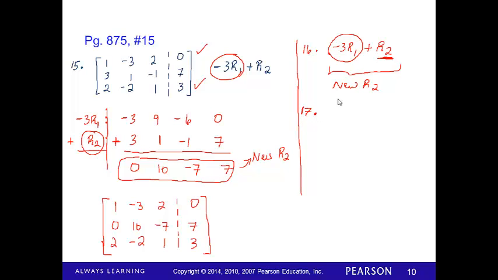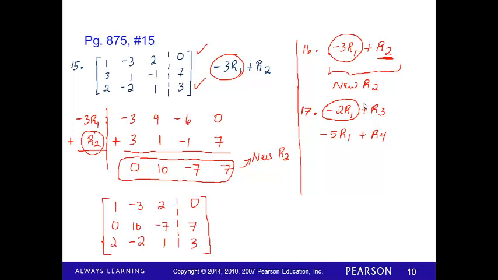What does number 17 say? Well, it has two parts to it, right? It says negative 2 times row 1 plus row 3. And then it says negative 5 times row 1 plus row 4. Look at the first one: negative 2 times row 1 is the first thing you do.